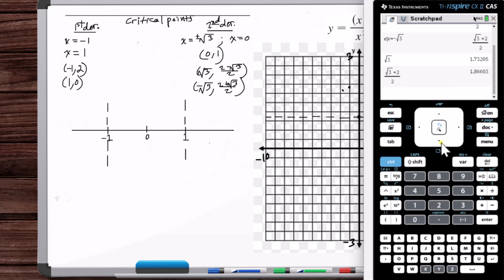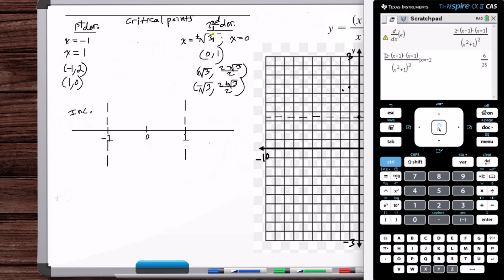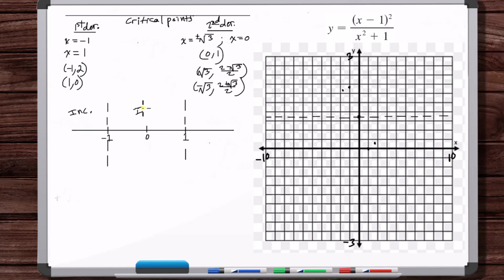So let's get the derivative with respect to x. There it is. Now evaluate this with x equal to minus 2. It's positive, so it's increasing in this region. All right, now when x is equal to 0, it's also positive. We know because we can see that here. So it's increasing in this interval.